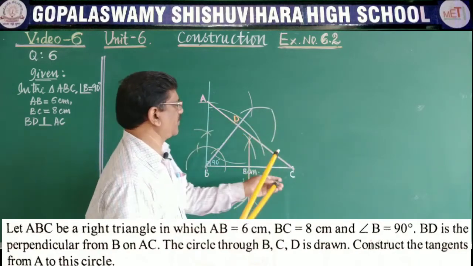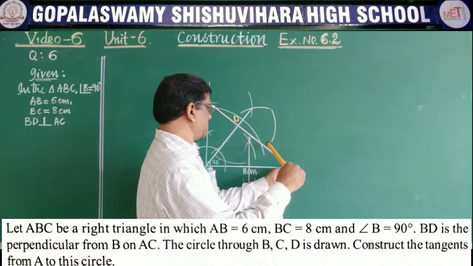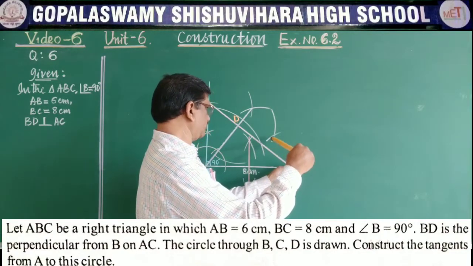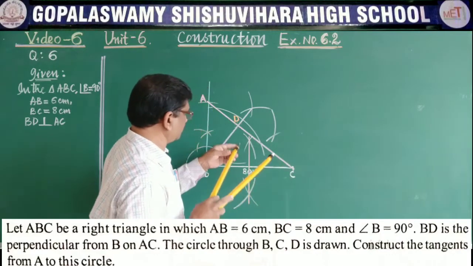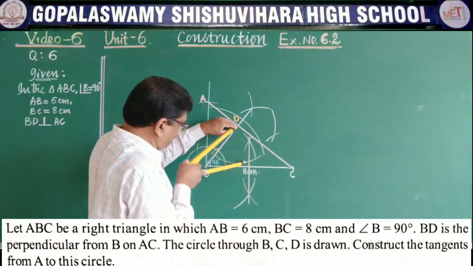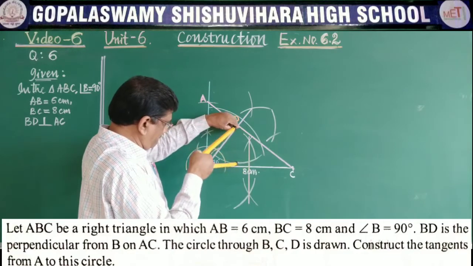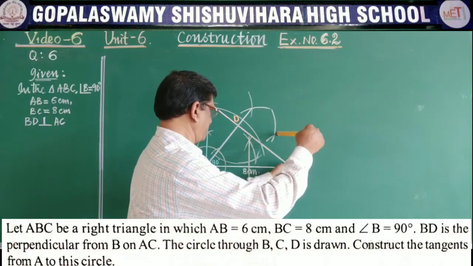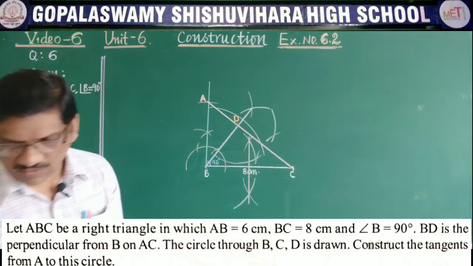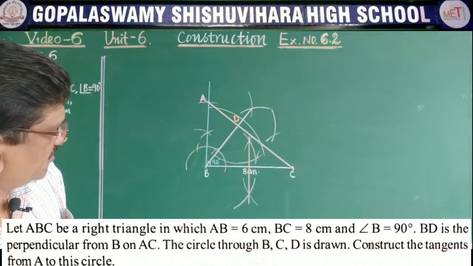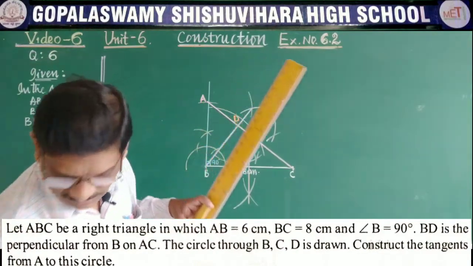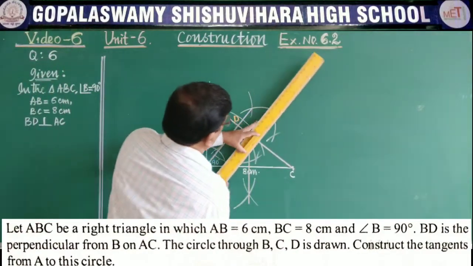Now, with C as a center, I am cutting the arcs drawn from D. Now we have 2 points of intersection. So I am joining those two and producing that.